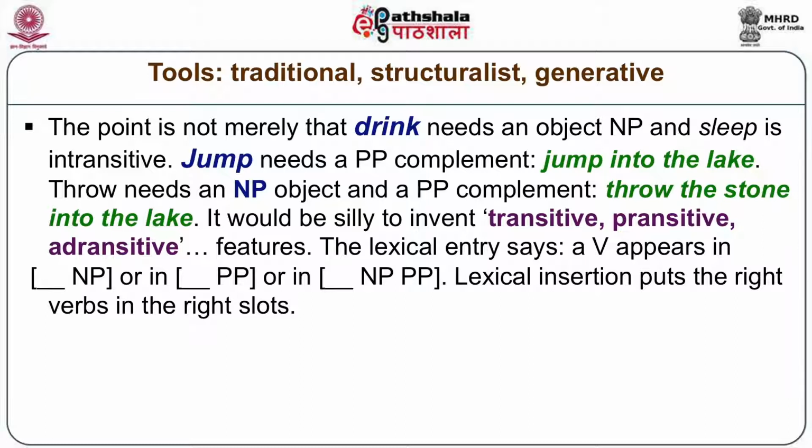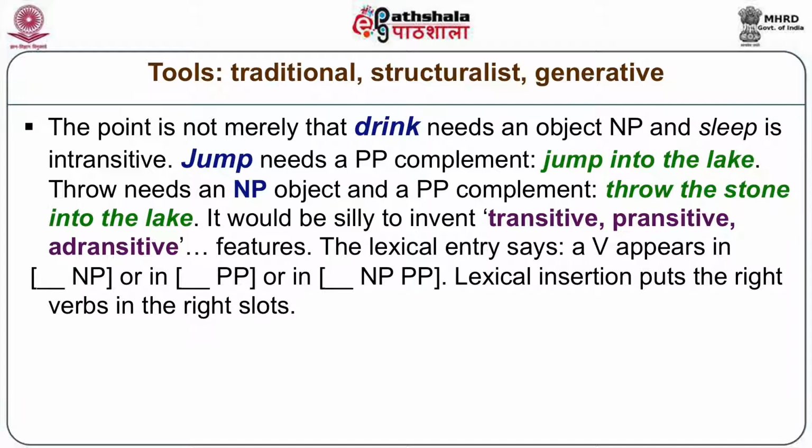If you follow the logic that makes you decide that a verb is to be specified plus TR for transitive and minus TR for intransitive, simply in order to handle taking an NP or not taking an NP sister, by the same logic, you will then have to create another feature, transitive with a P, and say plus PR for those verbs which take a PP complement and minus PR for those that do not take a PP complement.